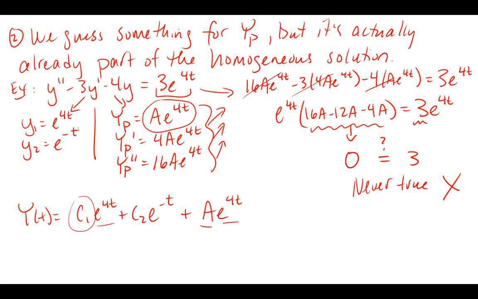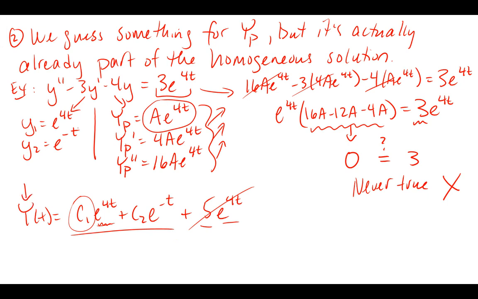Even if I didn't get a value for A, and I was trying to pass this off as a solution, you would immediately say, wait a minute, that doesn't make any sense. C1 is already accounting for any amount of e to the 4t's. Adding an extra 5 of them onto the end is trivial. Oh, but wait a minute, this is the homogeneous solution, not the non-homogeneous solution that we were looking for.